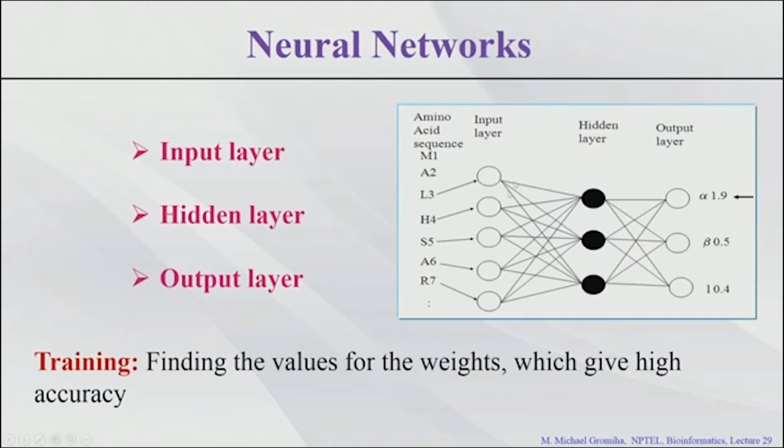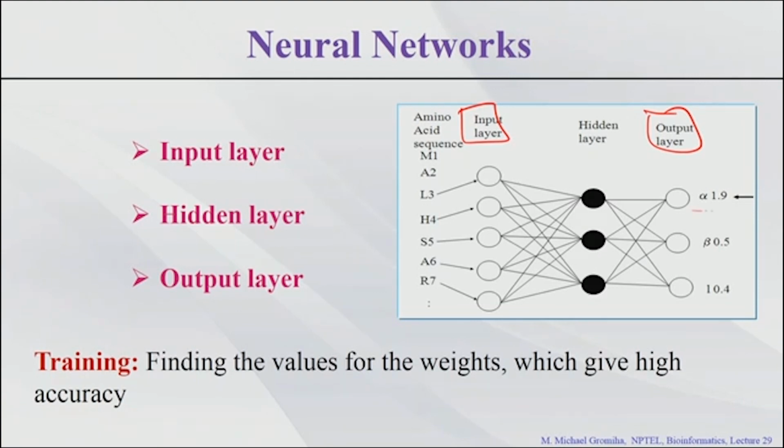So, one is the neural network. I will just tell you the basics. Here they have three different layers. One is the input layer, and this is the output layer. This is what we want, and this is what we give. There is an input layer and a hidden layer. The hidden layer is connected with the input layer as well as the output layer. You can see the completely connected network. They assign some weights, and based on these weights, finally the output layer will tell whether this belongs to any particular class.